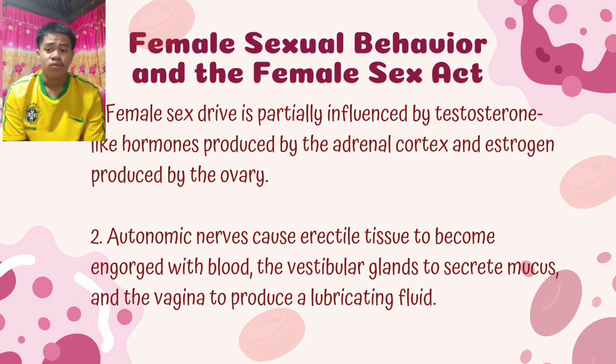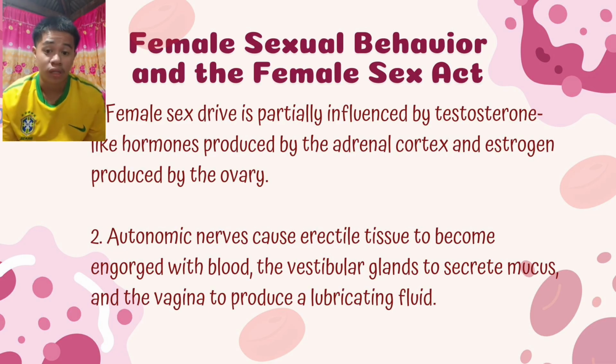Physical response: during sexual arousal, the nerves of the body stimulate the reproductive organs. Erectile tissue becomes engorged with blood, the vestibular glands secrete fluid, and the vagina becomes lubricated to prepare for sexual activity.